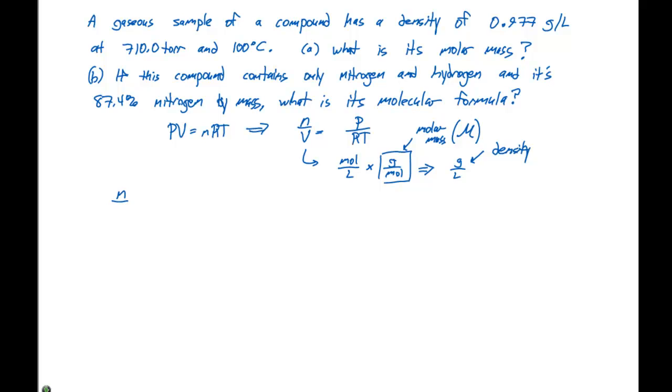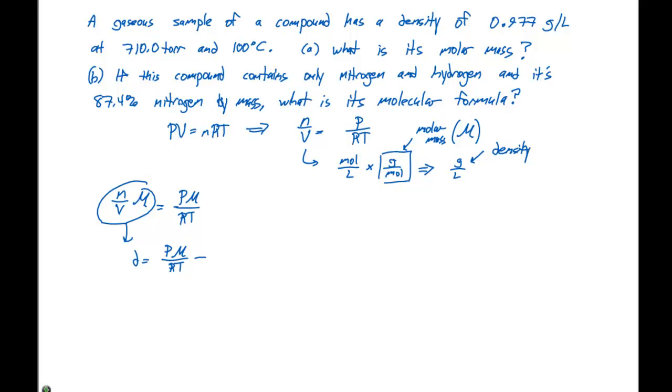We have n over V times the molar mass equal to the pressure times the molar mass divided by RT. When we take n over V, in moles per liter, times the molar mass, this gives us units of grams per liter, which is our density. So our density is equal to the pressure times the molar mass divided by RT.